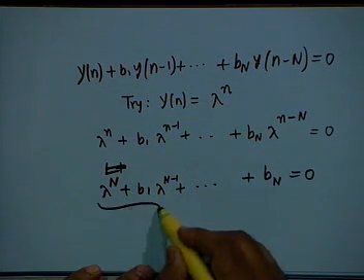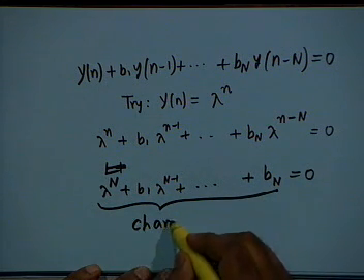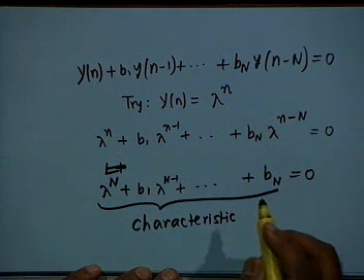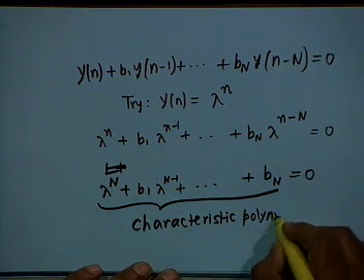The left hand side is called the characteristic polynomial of the linear time invariant system.